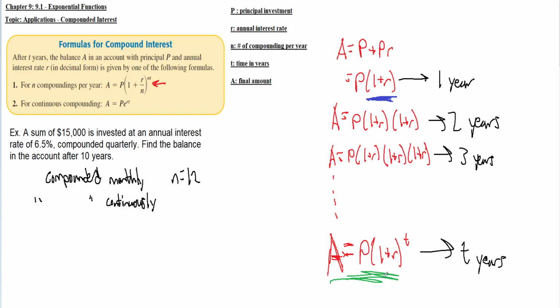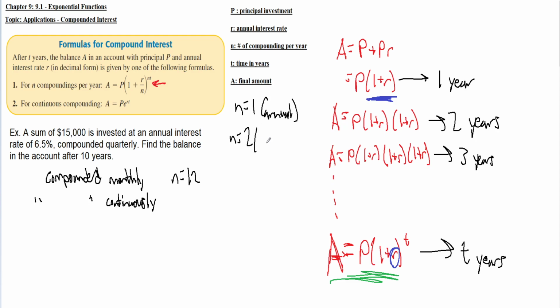If you're doing it for the first three, all except for continuous, then the R value here gets divided by n, which, if we go up here to our little key, is the number of compoundings per year. And n can take the value of 1, in which case we end up with the same equation that we have here. So that's annual.